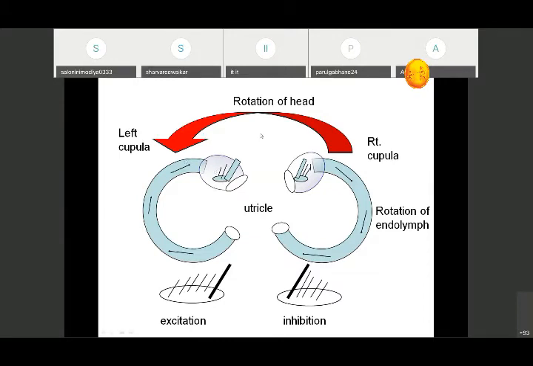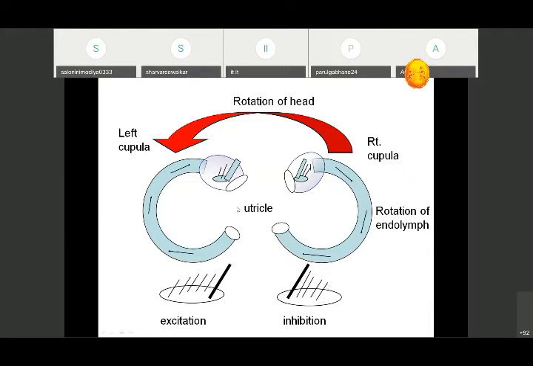Due to the rotation from right to left, the bony canal will be moving from right to left, and due to inertia the fluid remains stationary. Initially there will be excitation in the left cupula and inhibition in the right cupula.